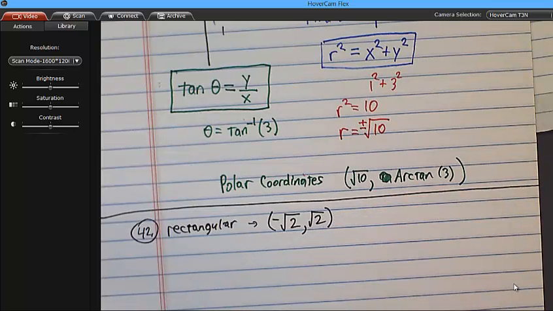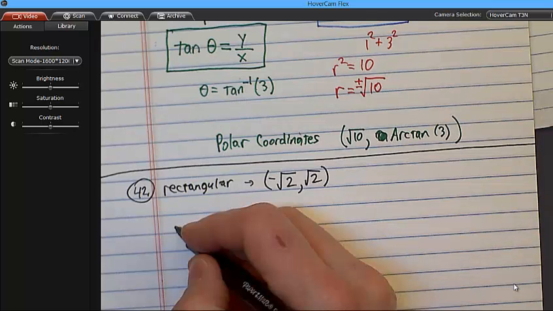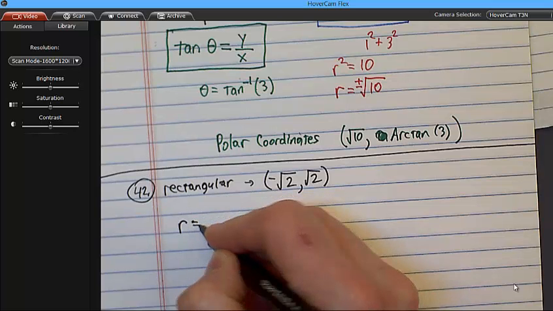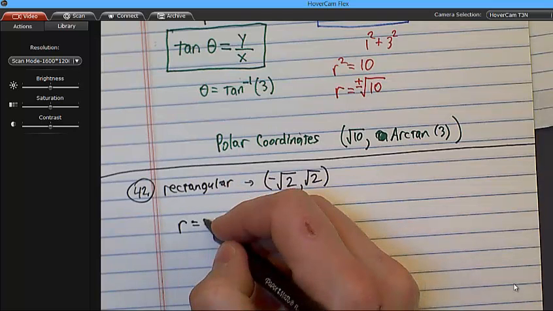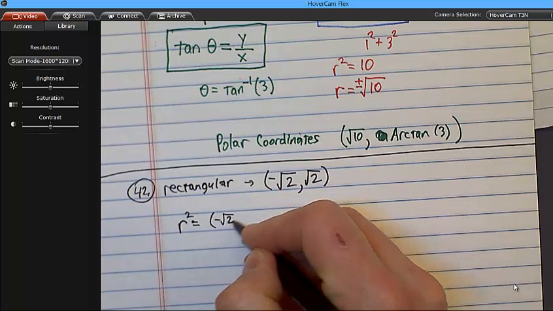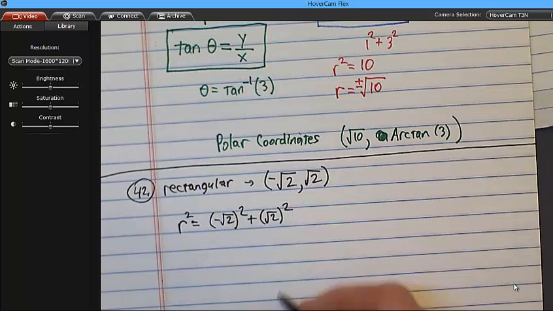So people knew that I can find the r and the theta using those two formulas. r squared is going to be negative radical 2 squared plus radical 2 squared, right?